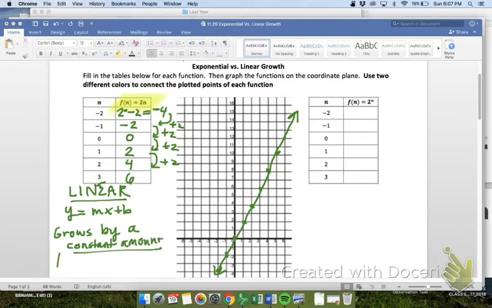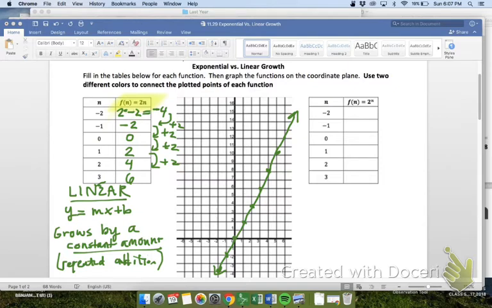That's the repeated addition idea. Okay, so now let's think about the other function, on the right-hand side, which is an exponential function.